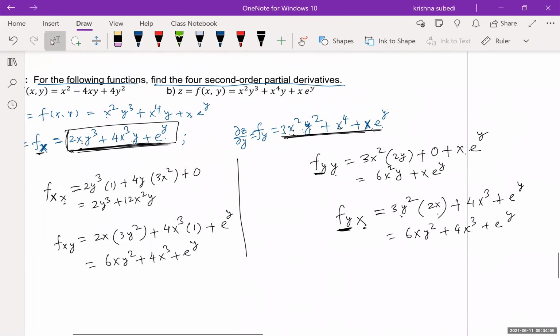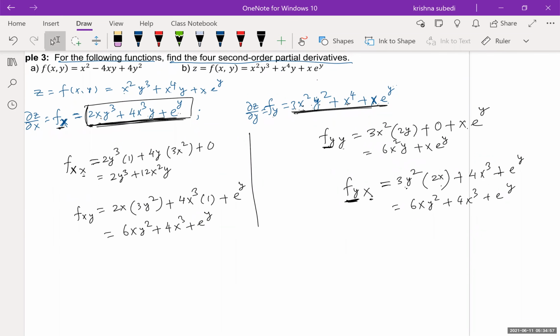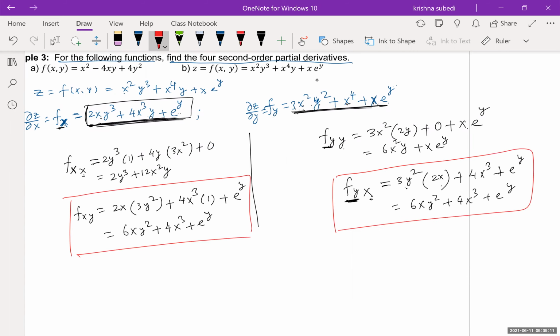That's it. There are 4 second order partial derivatives. Now, one thing though, I want you to look very closely at this one and this one. Did you notice something interesting there?